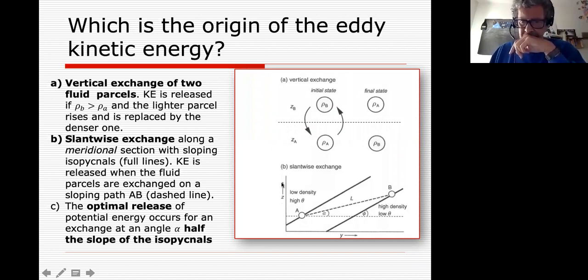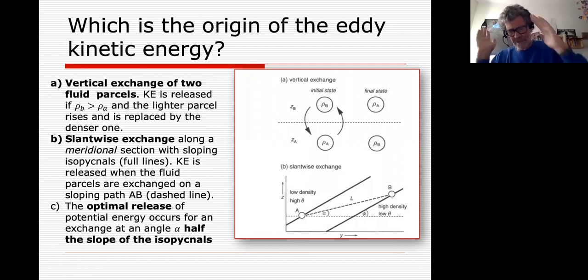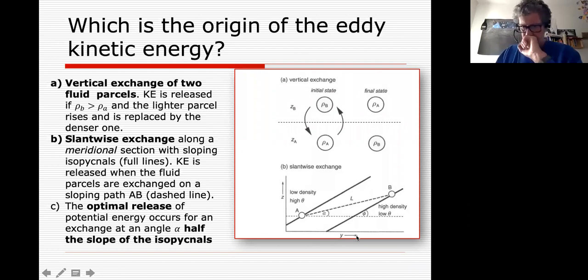Here we have Z, so the density. Here we have Y, a meridional section of an idealized ocean, and we have the density that goes upward with the latitude, and the full line represents this sloping isopycnal.